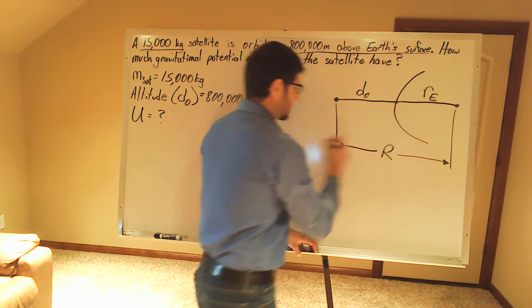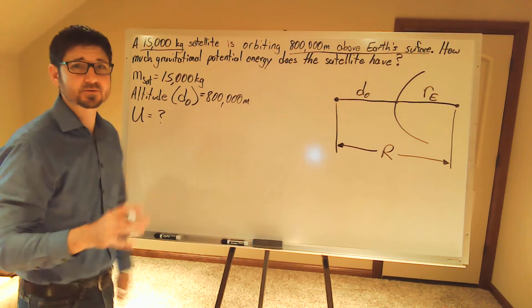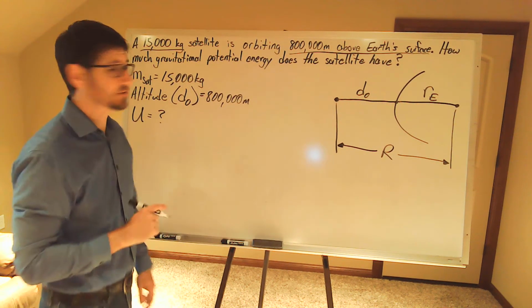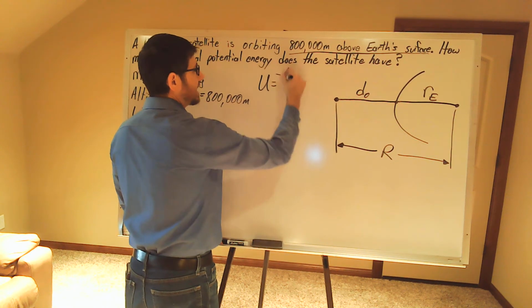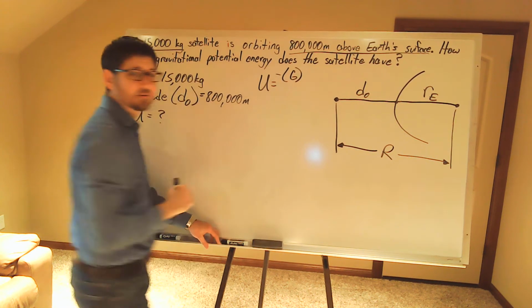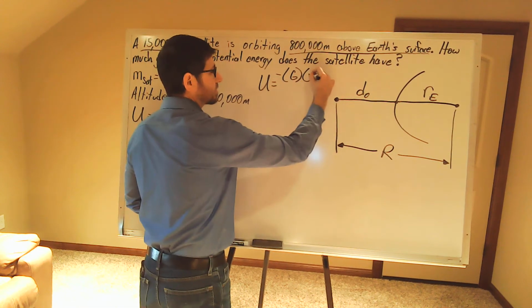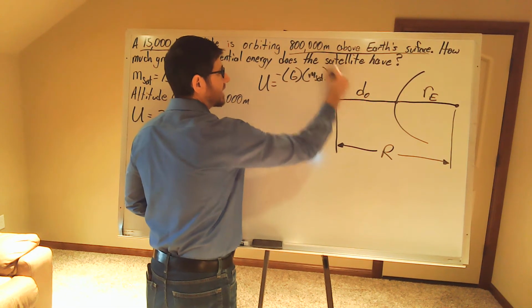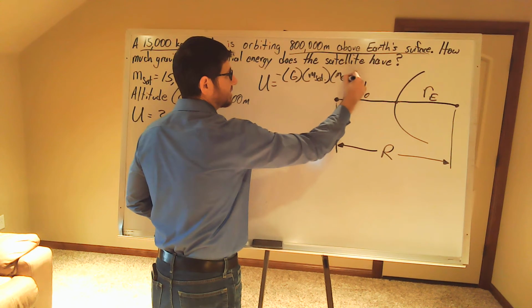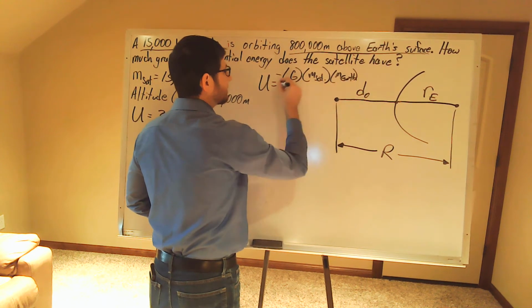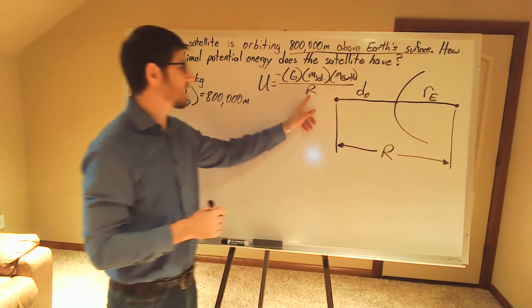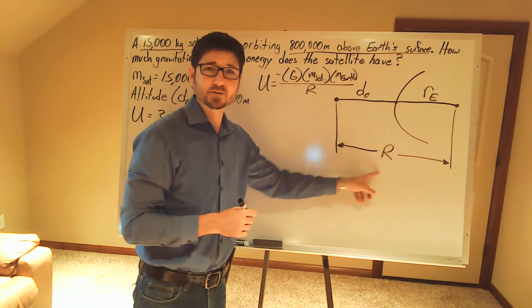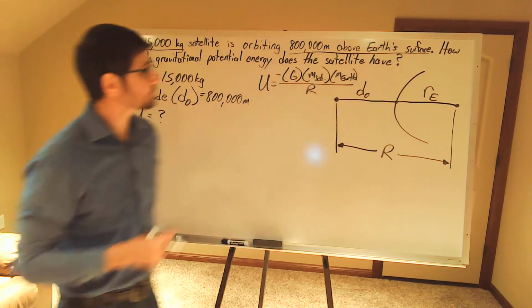Now, the equation that we're going to use to calculate gravitational potential energy is U equals minus the universal gravitational constant multiplied by the mass of the satellite multiplied by the mass of the Earth, divided by the center to center distance identified by capital R, which we've identified right here.